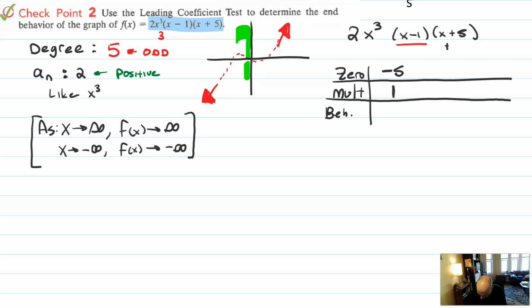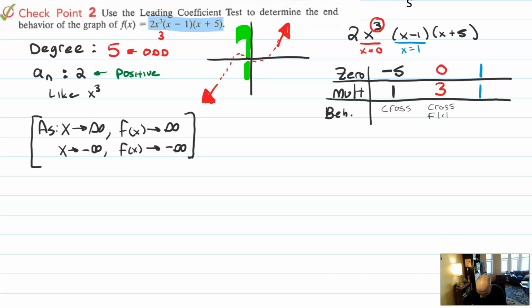I'll have a zero of, I want to go in increasing order, a zero of 0, and that appears 3 times because it's an x cubed, so that's multiplicity 3. And I'll have a zero at positive 1, that appears 1 time, multiplicity 1.